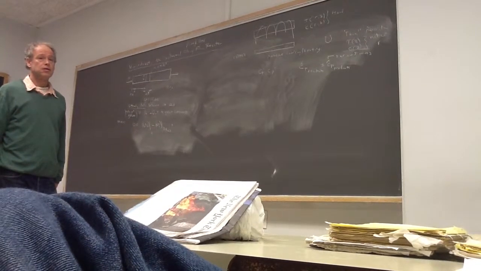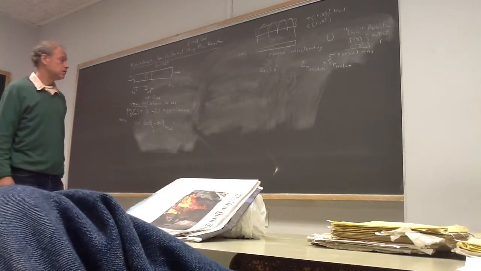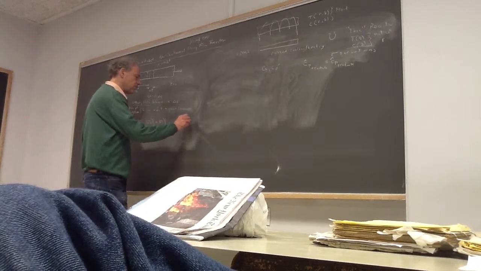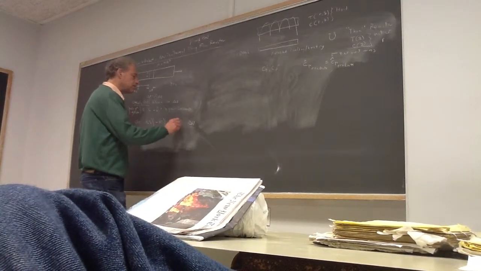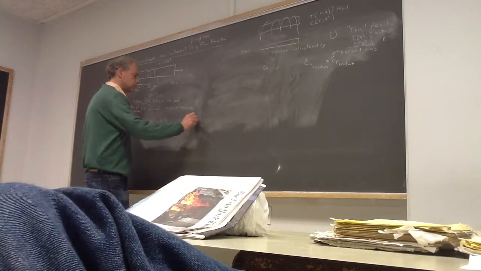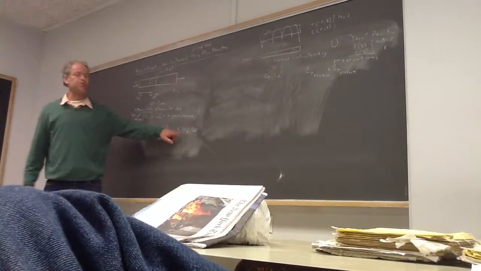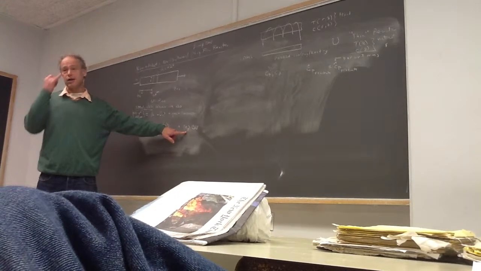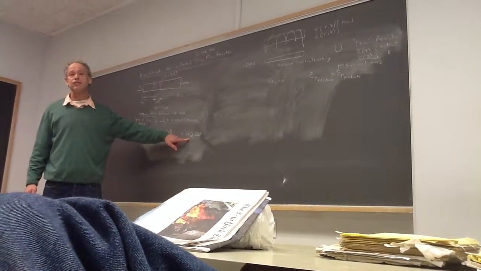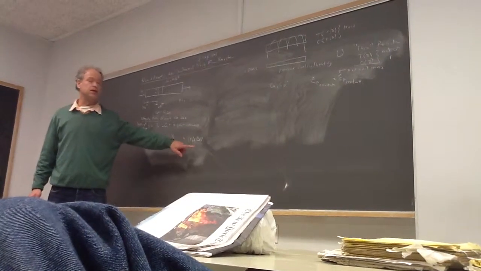Plus generation. Generation would be delta V times the rate of reaction. Now, R is the rate of production of A. If A is a reactant, then this is negative. If it's a product, it's positive.